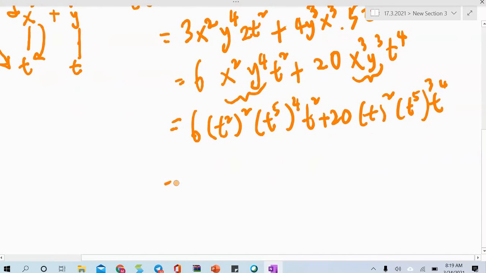So this is 6t to the power 4, t to the power of, this is 20.